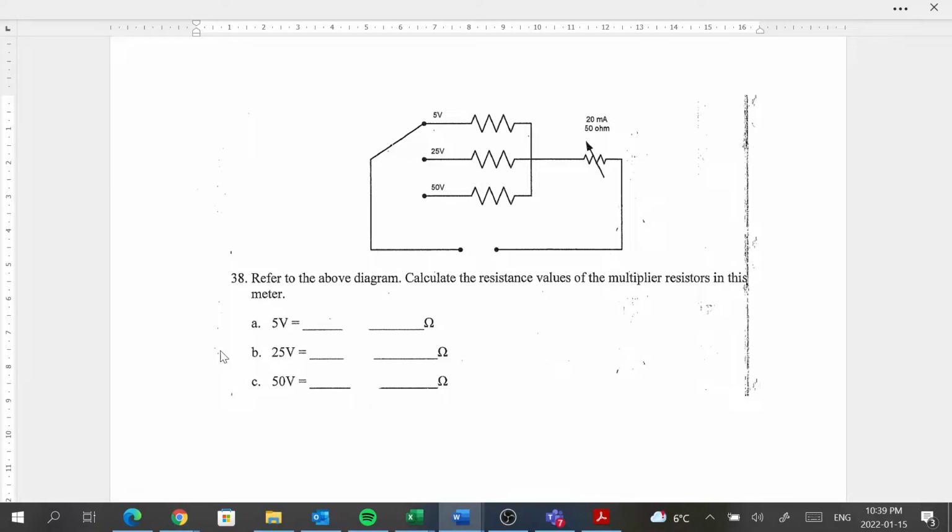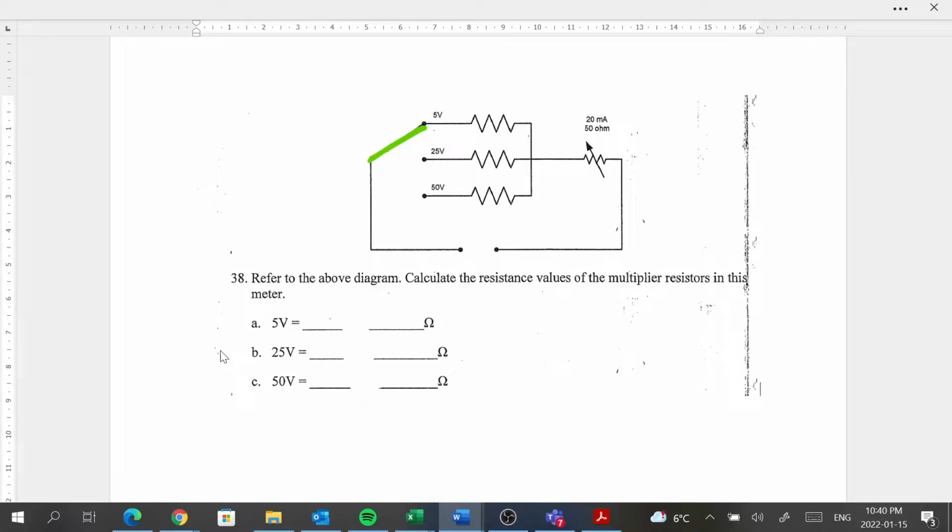some of them have, you have to select the range of the particular meter. So that's what this schematic is referring to: there's a 5 volt range, a 25 volt range, and a 50 volt range. And depending on what this switch is on at any given time, that's the voltage range it's going to be on.